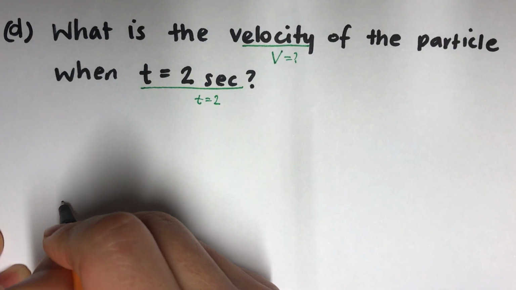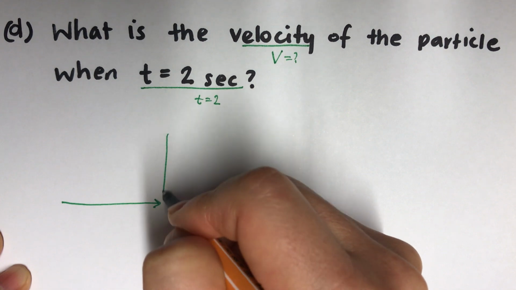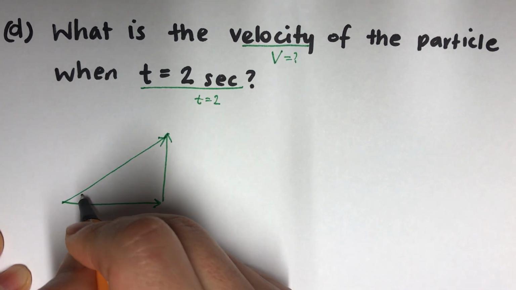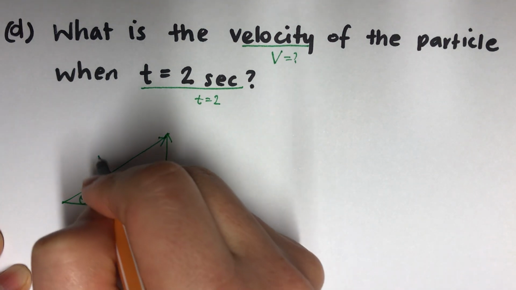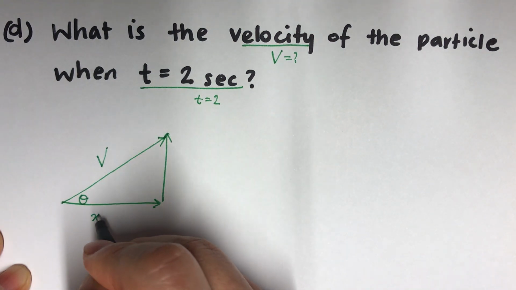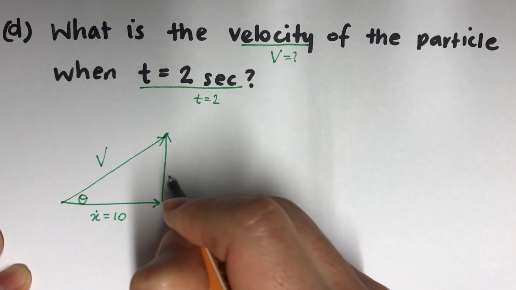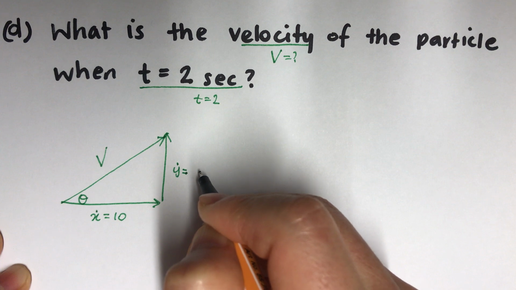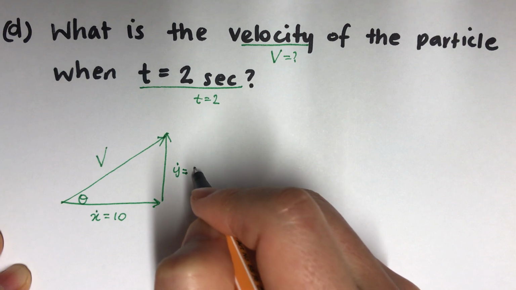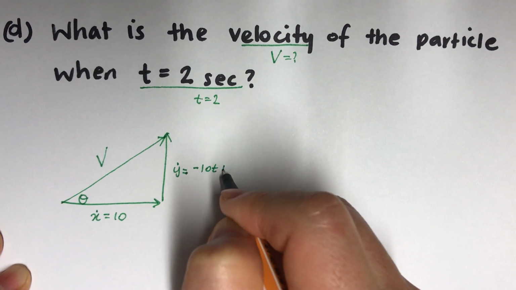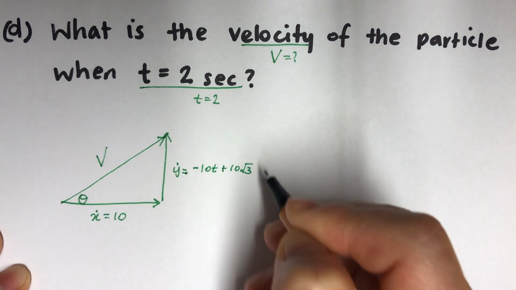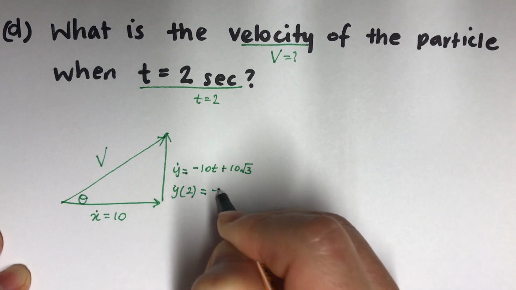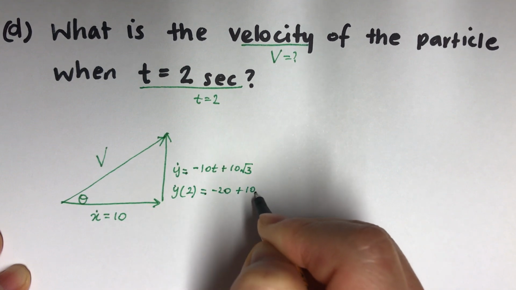Now let's sketch the diagram. Okay, that's a v. X dot was 10, wasn't it? Y dot was minus 10t plus 10 root 3. But t will be 2. So that would be minus 20 plus 10 root 3.